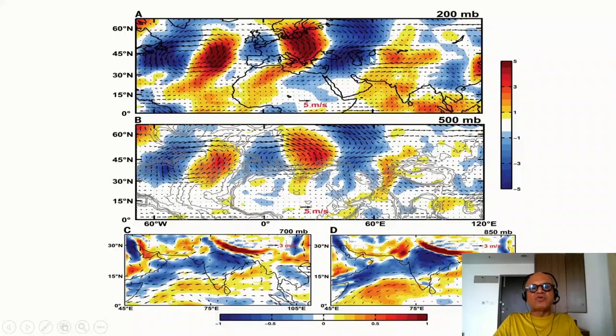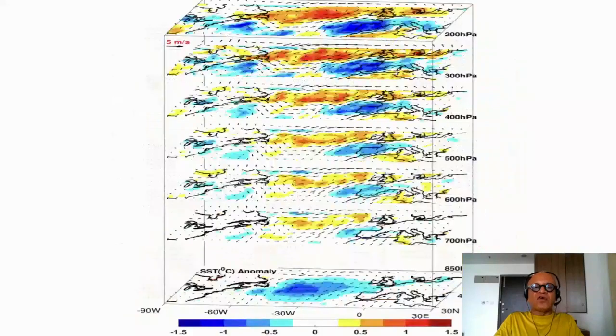Here we are just looking mostly at the eastward at 200 hectopascal and 500 hectopascal. And you can see that at the surface this has an anticyclone pattern both at 700 millibars and 850 millibars, which obviously is going to produce a deficit in rainfall.